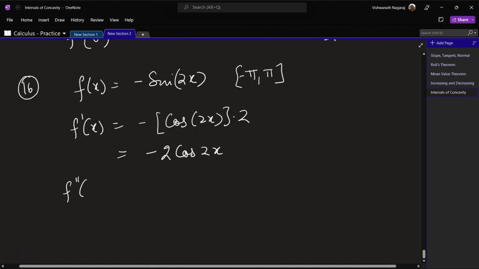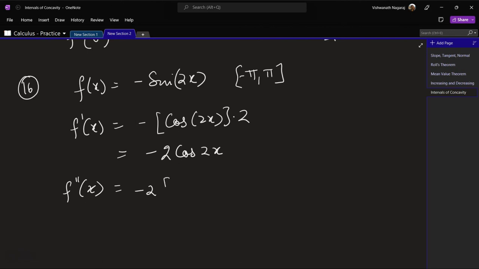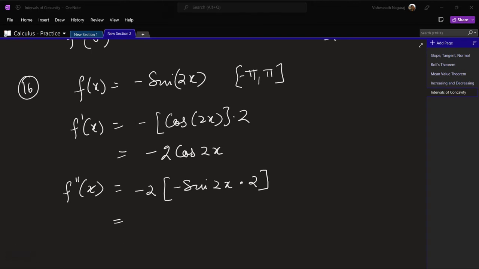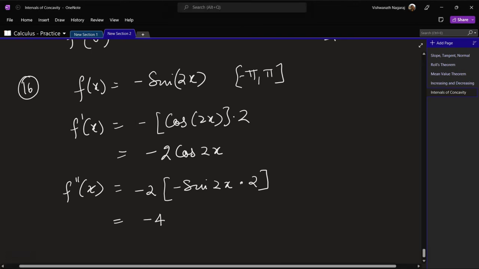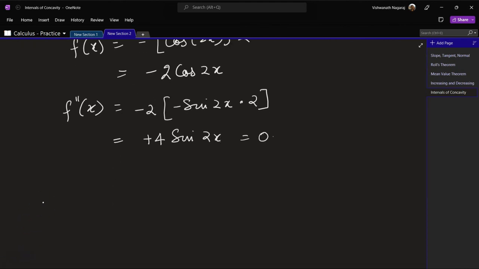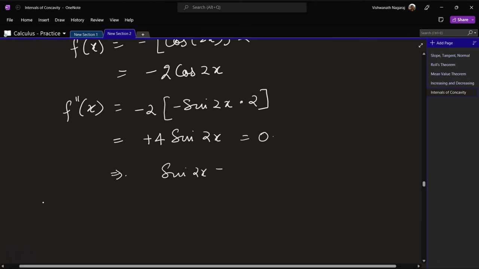Take the next derivative, f double prime of x: minus 2 times minus sine 2x times 2, which gives us, minus into minus, plus 4 sine 2x. Now let's equate it to 0, which would imply that sine 2x is equal to 0.